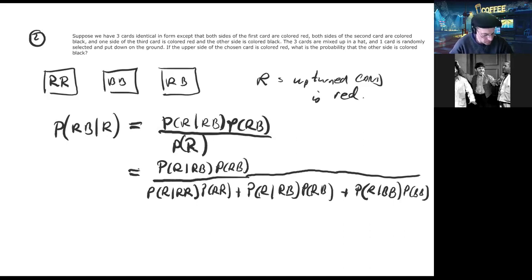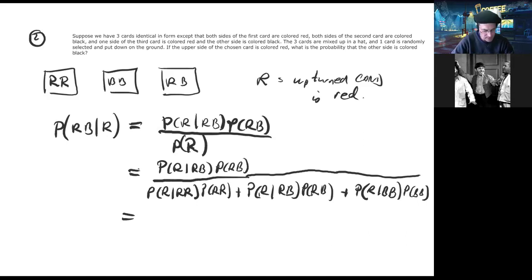And now let's compute this. So now what's the numerator? The first term in the numerator is, given that you selected a card which is red on one side and black on the other side, what's the probability that the side you see is red?